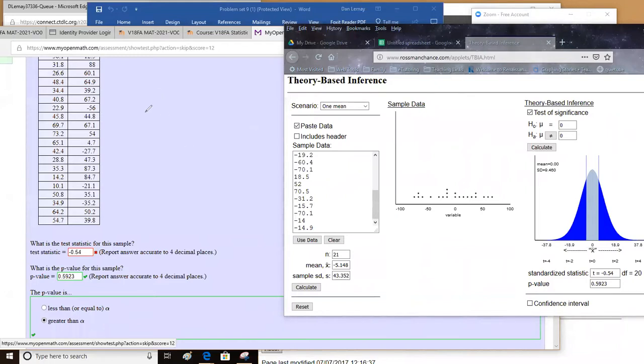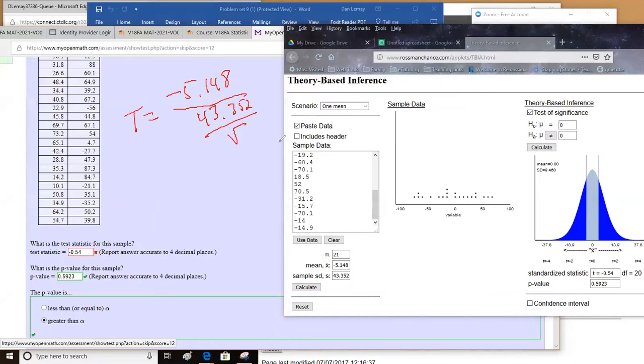To get the test statistic, I'm going to do the mean of negative 5.148. And of course, that's minus 0 because that's what our null hypothesis says, over 43.352 over the square root of how many numbers are here?